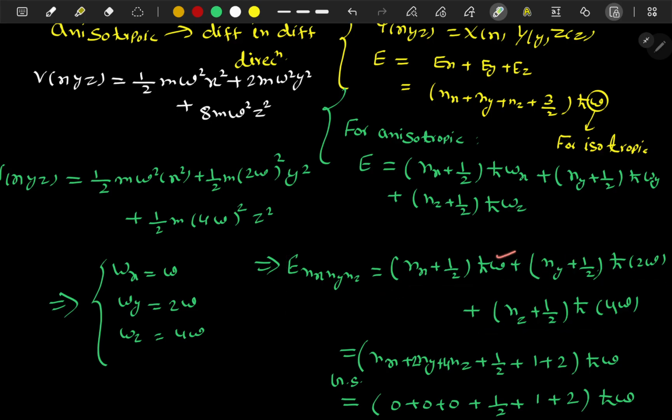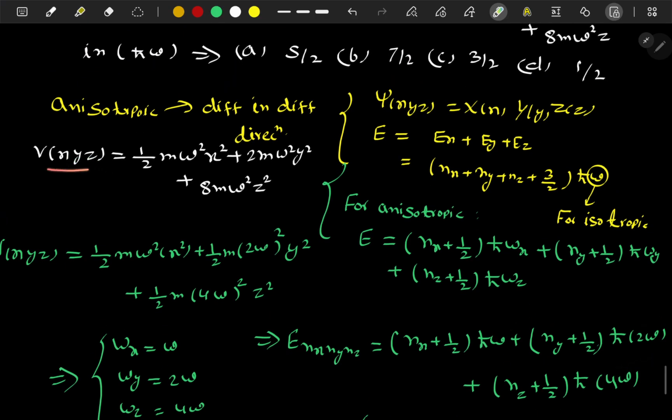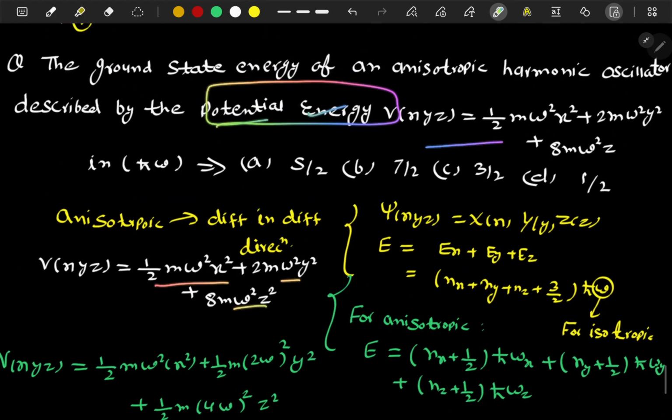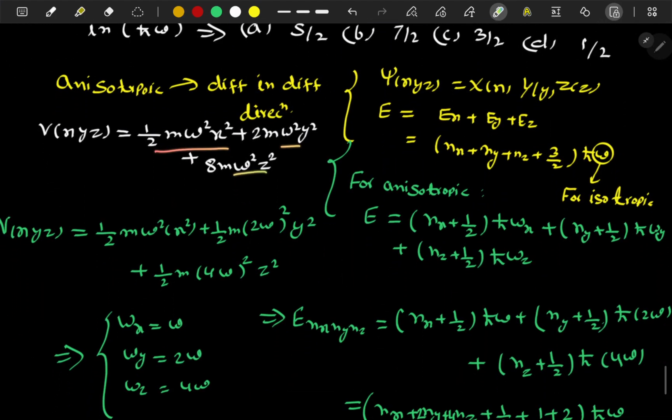Now we have to calculate omega x, omega y, and omega z. For this we are given the potential. So what is this? Half m omega square x square plus half m omega square y square, and so on. We have to calculate the nx, ny, and nz form.